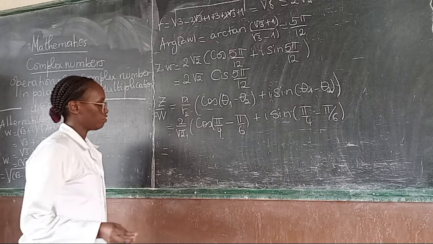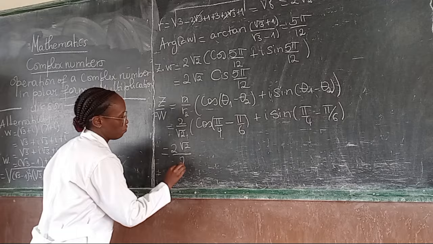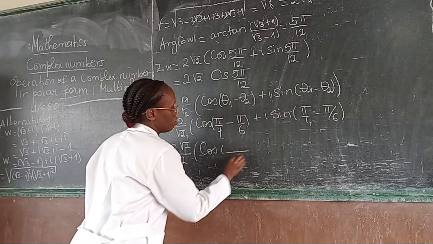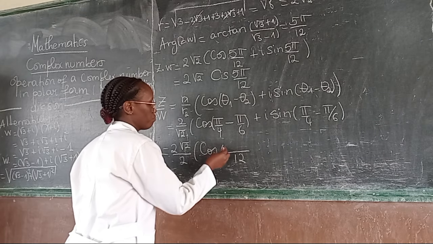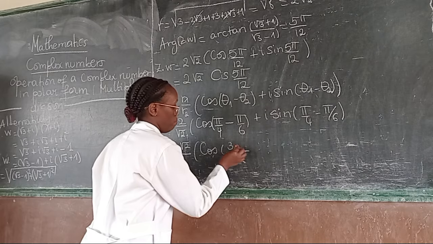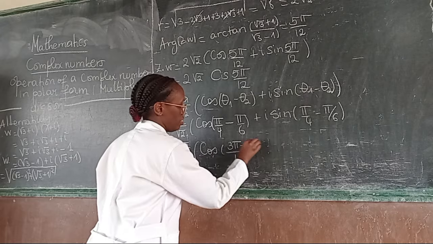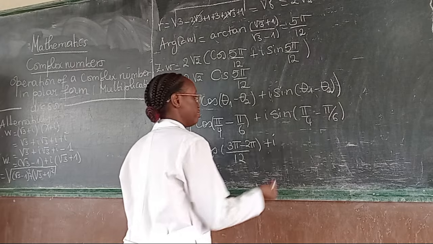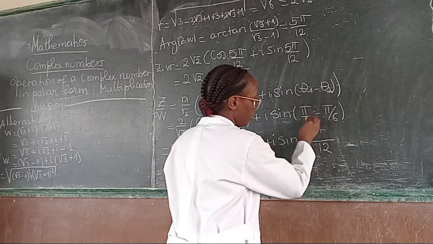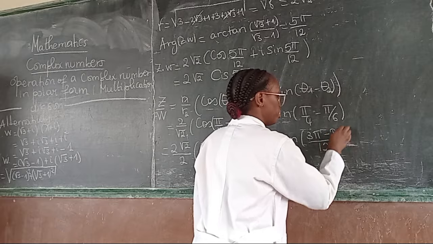So what will we have here? We will have 2 square root of 2 over 2 cosine. We have 12 here, we have 3 pi minus 2 pi, plus I sine 12, here we have 3 pi minus 2 pi.